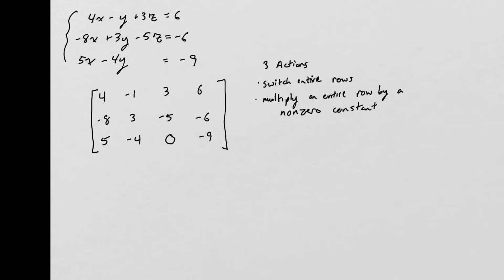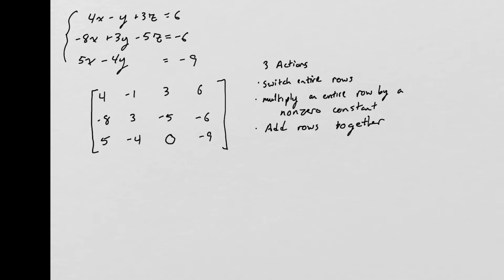Or lastly, we can add rows together. And most of the time, in fact, the most common thing we're going to do is these two together. We're going to do them at the same time, but that's fine. So we're often going to add rows and multiply an entire row by a non-zero constant.